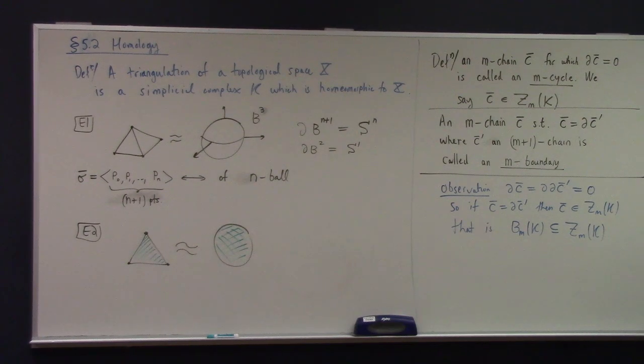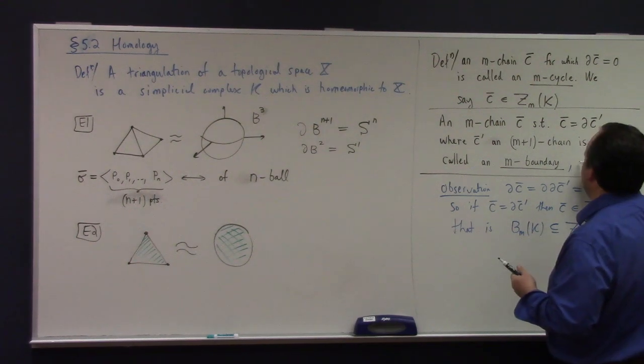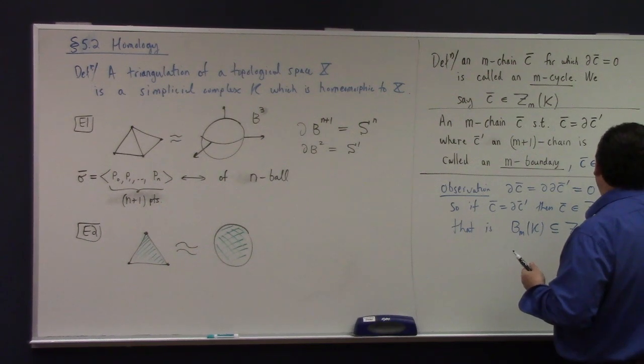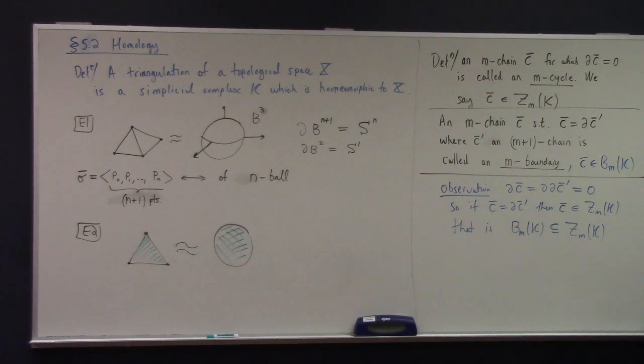Every boundary is a cycle. You didn't define B_M(K). Oh, my bad, thank you, I should do that. But it doesn't have to be the other way; these are not equal, there's no reason for the other to be equal.